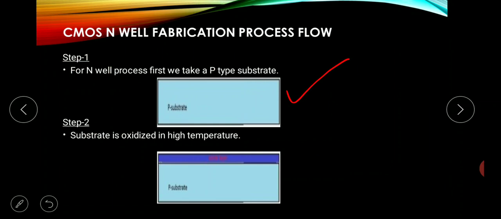A silicon dioxide layer is formed by the oxidation process on the silicon substrate. This is the blue layer. It is done by exposing the substrate to high quality oxygen and hydrogen in an oxidation chamber at nearly 1000 degrees Celsius.